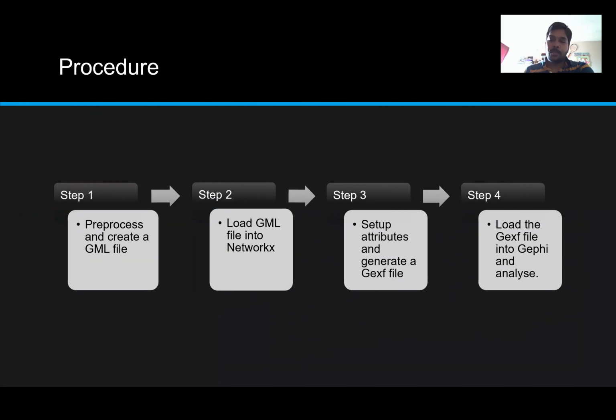So these are the steps used in this project. Basically, pre-process and create a GML file, load the GML file into the NetworkX graph, set up attributes, various centralities and link-com attributes, generate the GEXF file, and finally load the GEXF file into Gephi and analyze the network.